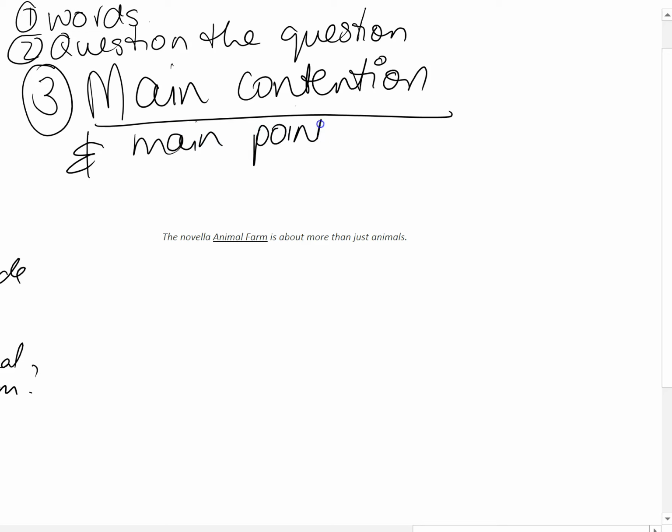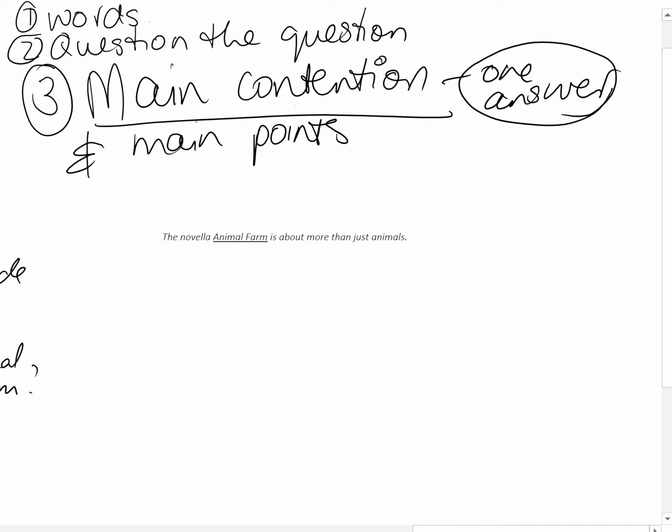Your contention is your one answer or your main idea of the whole essay. If you had to write your whole essay in one sentence, what would it be? And your main points are kind of like your supporting reasons.